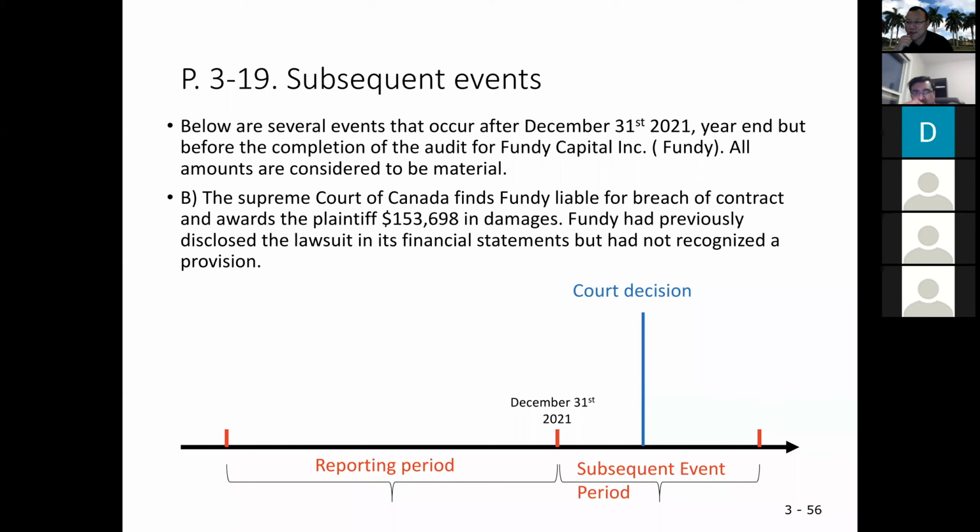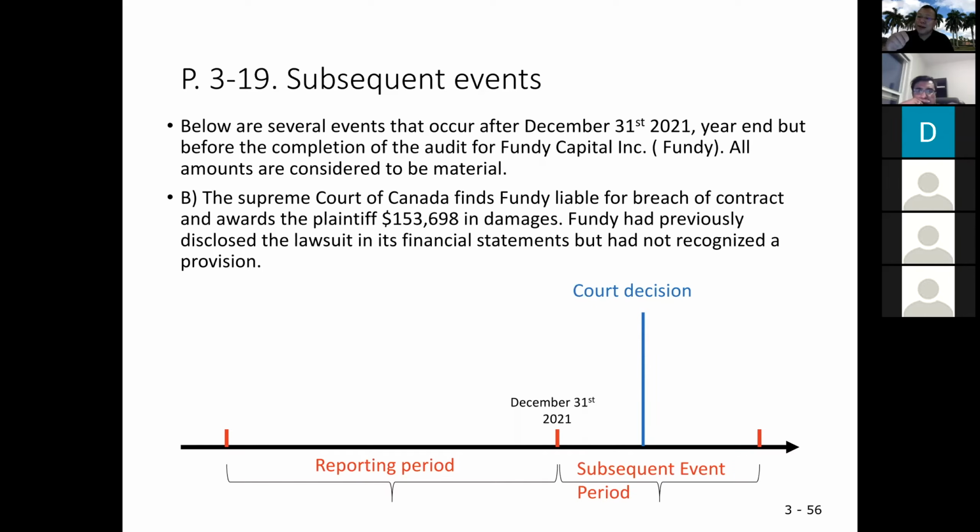Because Fundy had previously disclosed a lawsuit, this lawsuit has been there for a long time, probably. So the potential liability happened here. But why didn't they recognize and measure the number? So you know how much you are liable for. They didn't put a number.